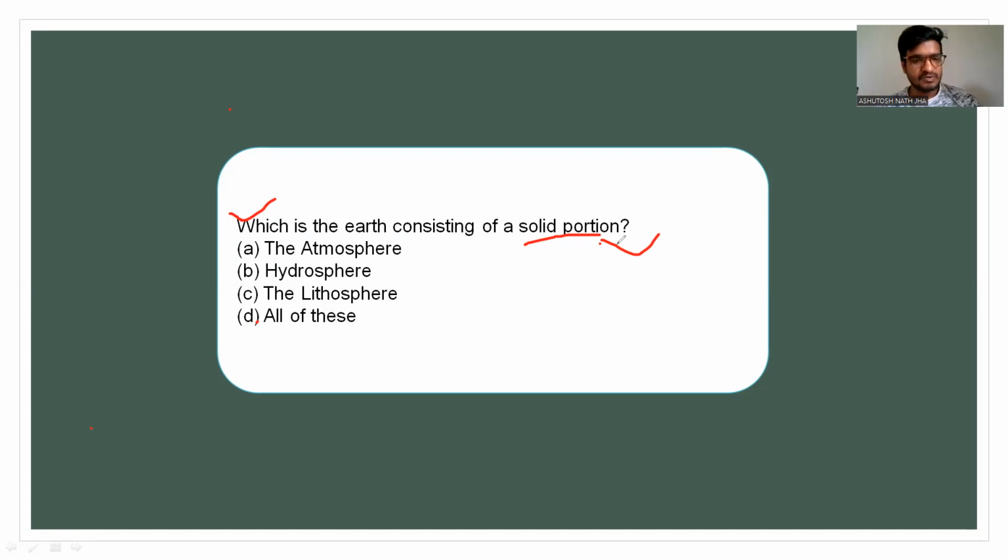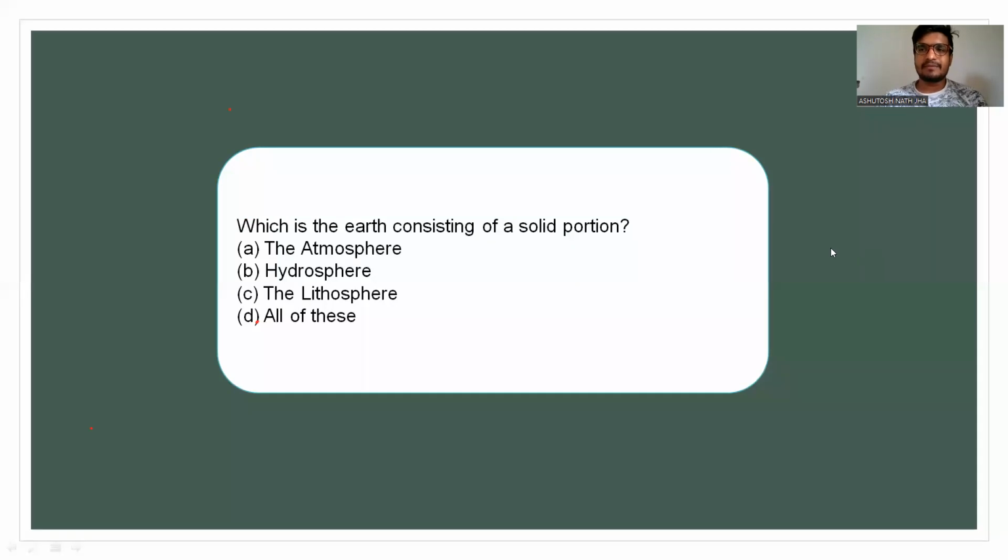Yes students, you have to answer this particular question. Which one is correct? Yes, very good. So the correct answer is the lithosphere. The lithosphere is the earth consisting of a solid portion. Okay, clear now? Very good.